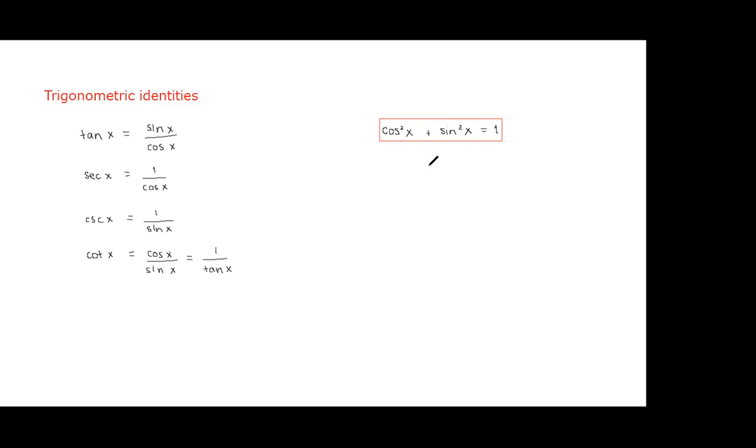Now, from this identity, you can get 2 more identities by doing a little bit of manipulation.